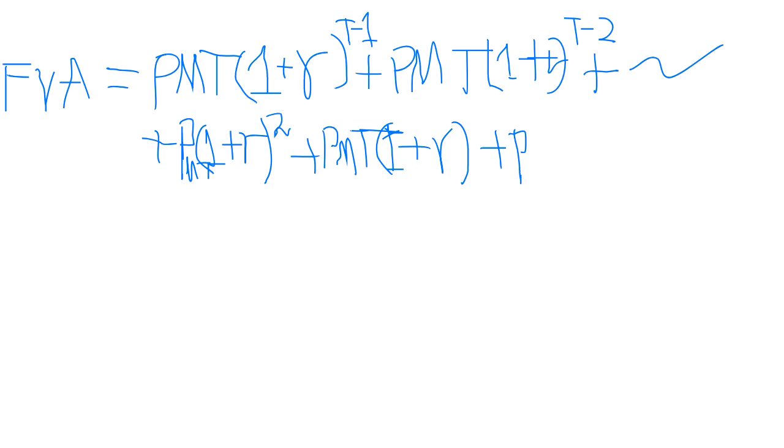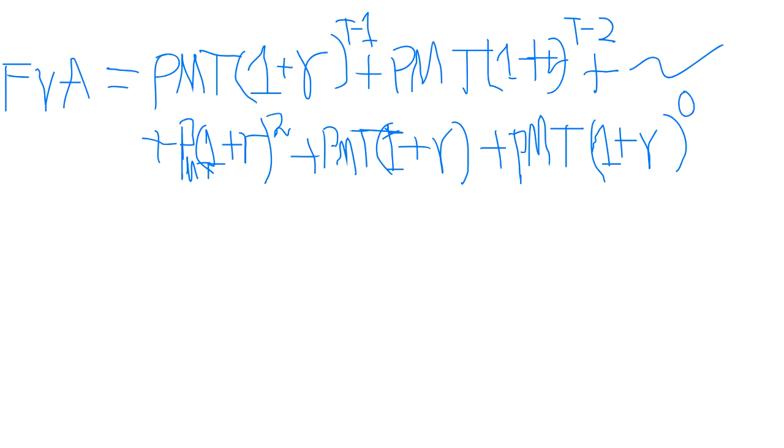because you are making that deposit at the end of month 60, and you will just take it out right away. But mathematically, you can also write it as 1 plus r raised to 0.